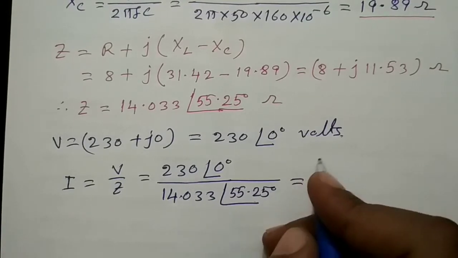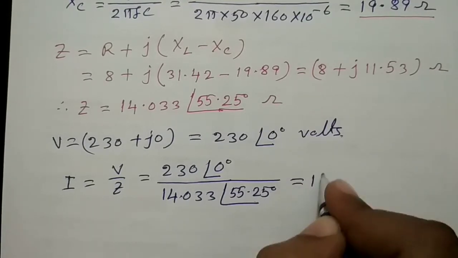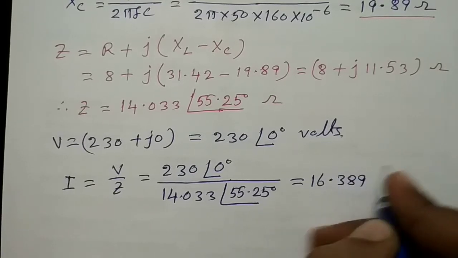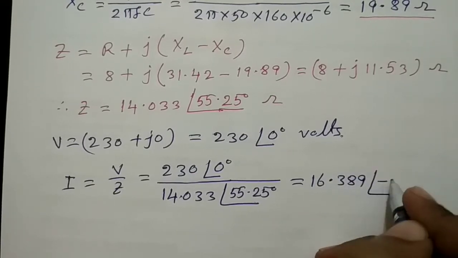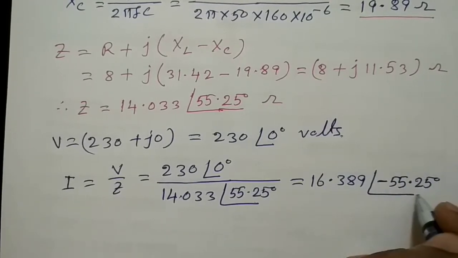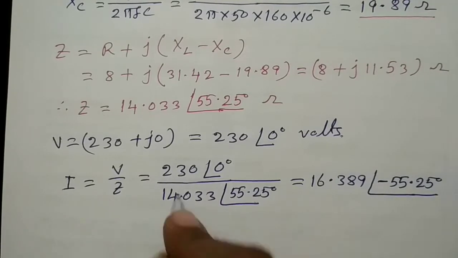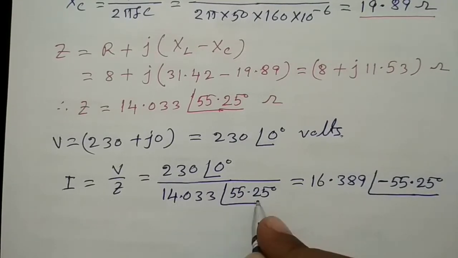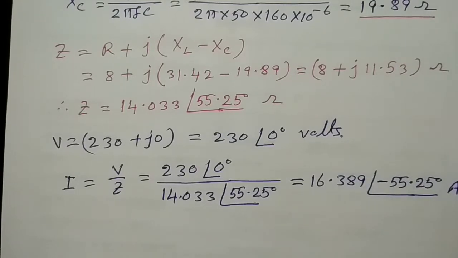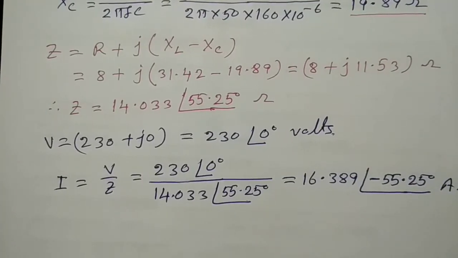So the current will be 16.389 and the angle will be minus 55.25 degree. We know how to divide, we know how the angles and magnitudes are calculated, that we have already discussed in previous lectures.